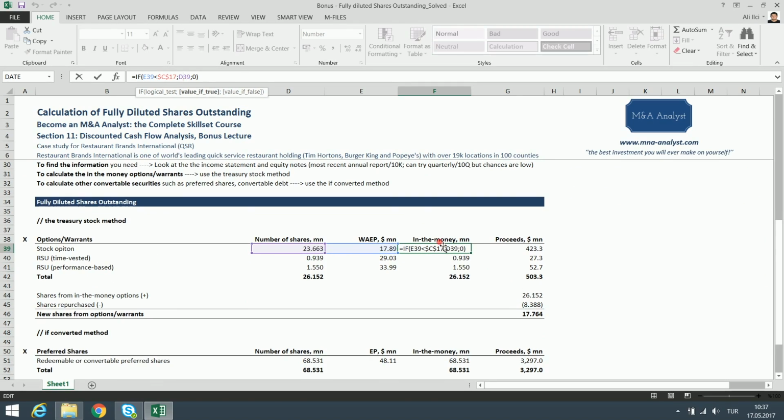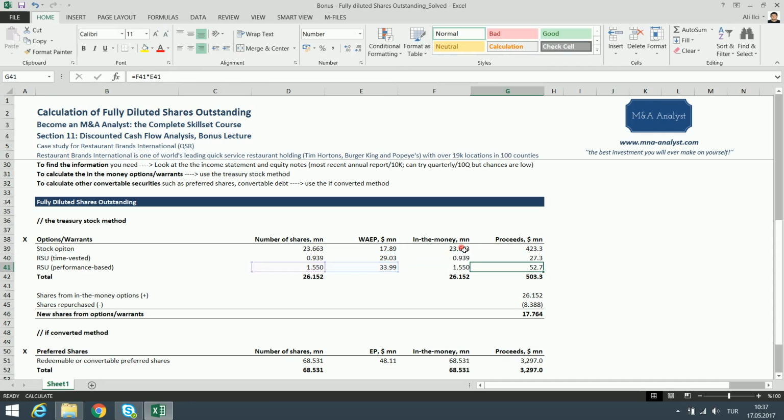So in the money stock options are equal to the number of stock options, because this is weighted average. If not, then take 0. So they are not in the money, they are not exercisable. All right. And we did the same thing for the other stock options here, and we get the sum of these in the money stock options, which is 26.2 million almost.